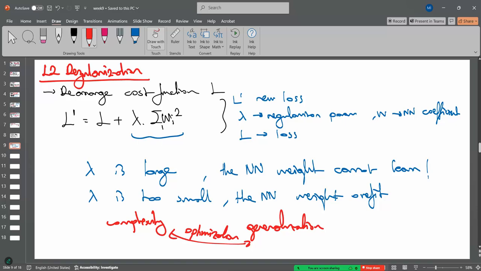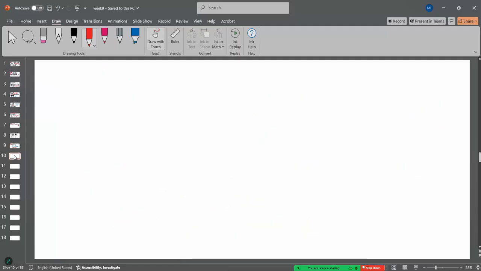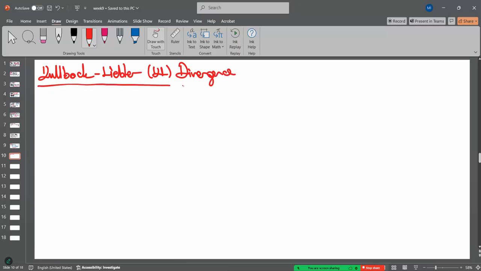So what about the second parameter, Kullback-Leibler divergence? This is an important theorem, guys. Everything is based upon this divergence theorem, because it is a probabilistic measurement of distribution divergence.